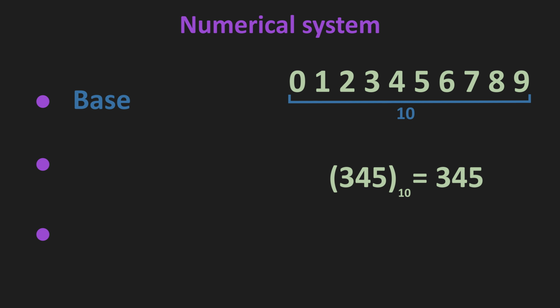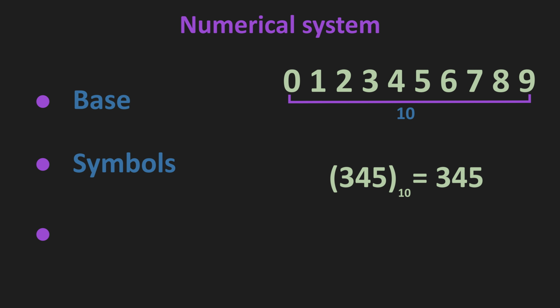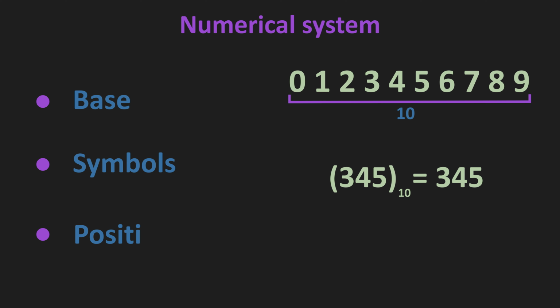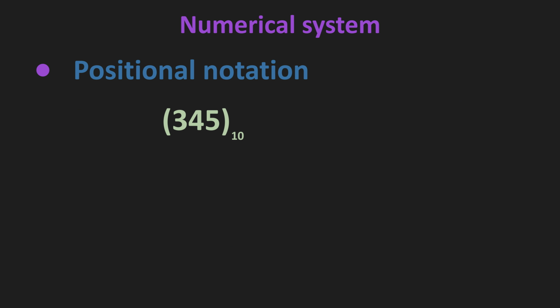Base, or radix, is the total number of symbols used in the system. Symbols, the digits or characters that represent values, and positional notation. The position of each digit determines its value based on powers of the base. For example, in the decimal number 345, the rightmost digit 5 represents 5 multiplied by 10 to the power of 0, which is simply 5.